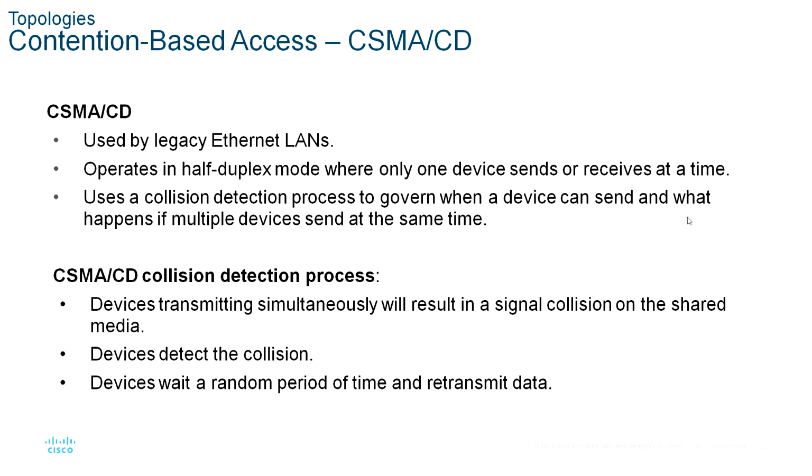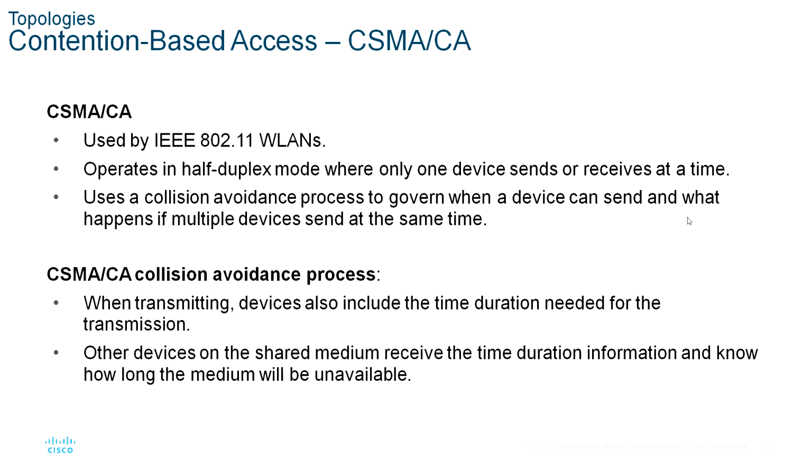Next one, contention-based CSMA/CA. Another form of CSMA used by IEEE 802.11, that is wireless LANs, is carrier sense multiple access with collision avoidance. CSMA/CD is for wired LANs. CSMA/CA is for wireless LANs.